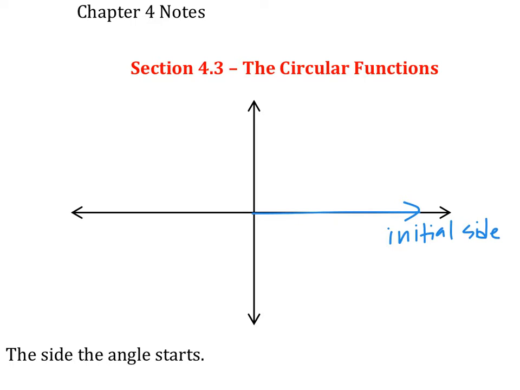That side is not going to move, and the other side makes the angle. The side that moves will make the angle, and we call that the terminal side. So this is the side that moves, and this is called the terminal side. The initial side and the terminal side will make an angle.